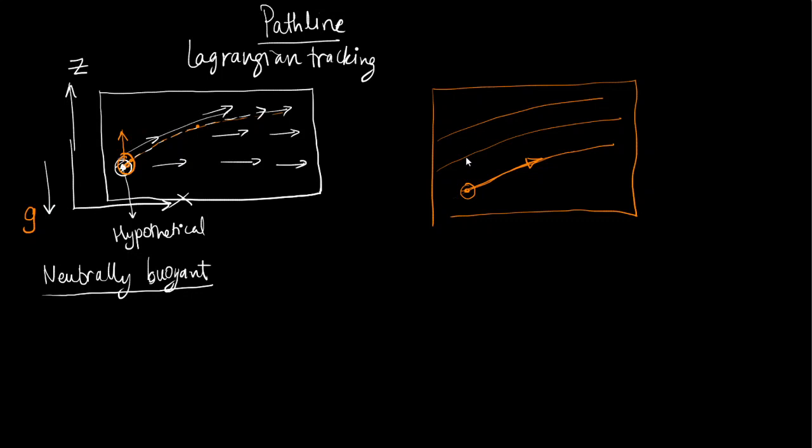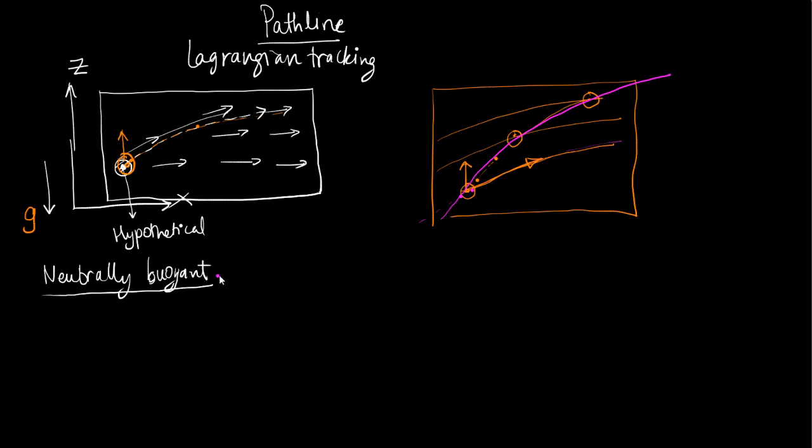But if the particle has a net buoyancy force, then the particle will go to a different streamline. After a while, the particle will go to a different streamline, and so on. So despite the streamline being something like this, the particle trajectory will be something like this. So the particle trajectory and the actual flow direction will deviate.